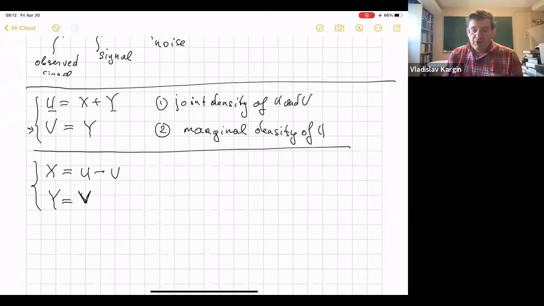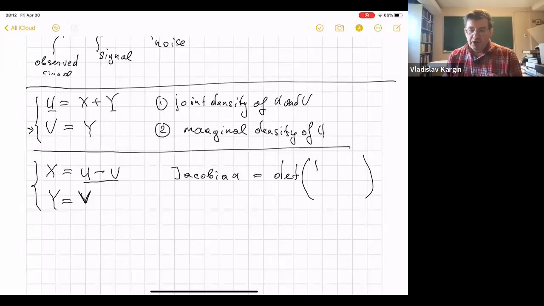An additional thing that we'll need is the Jacobian of this transformation. Now the functions are u minus v and v. So the Jacobian is the determinant of the matrix of partial derivatives. We take the derivative of u minus v with respect to u, which gives 1, and with respect to v, which gives minus 1, in the first row.